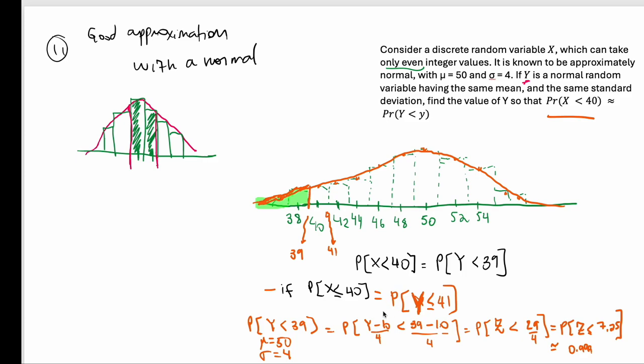You can find the interval in the continuous world, and then you can continue calculating that. If it's a non-standard normal, just standardize and go to the table. Okay? Good?